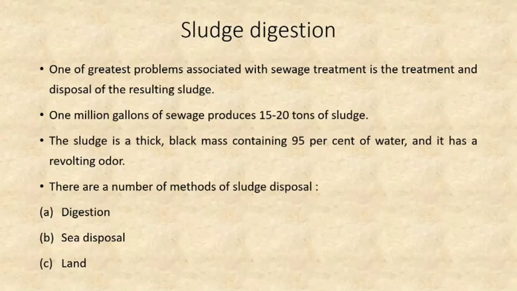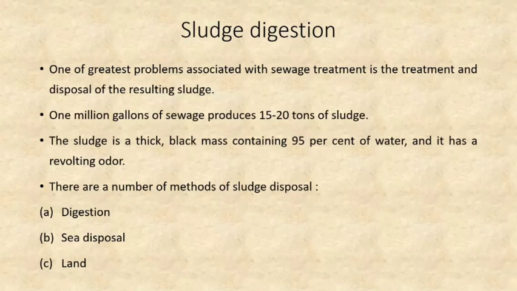The sludge which is formed in the secondary sedimentation tank now goes through sludge digestion. One of the greatest problems associated with sewage treatment is the treatment and disposal of the resulting sludge. One million liters of sewage produces 15 to 20 tons of sludge.